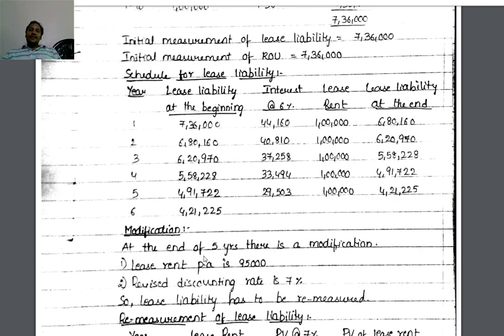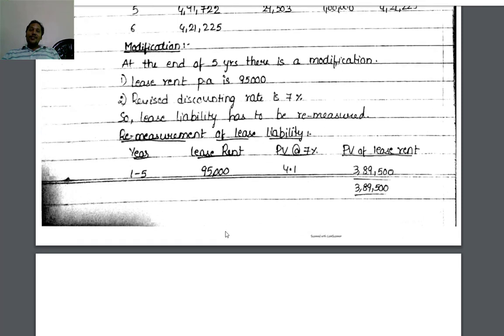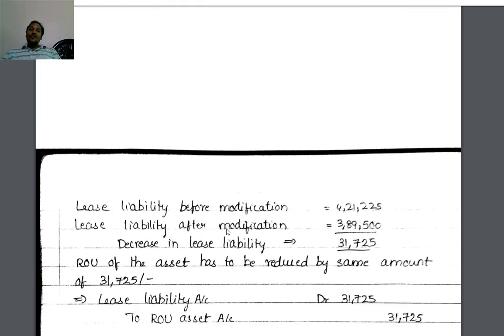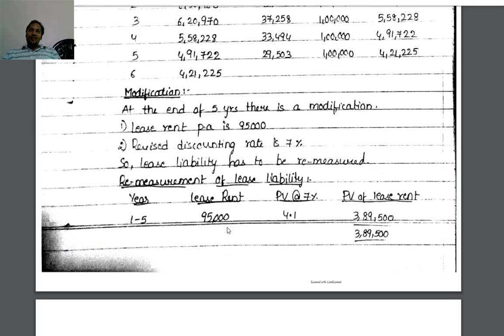Then the initial measurement of ROU is 7,36,000. That also has to be depreciated over a period of time.